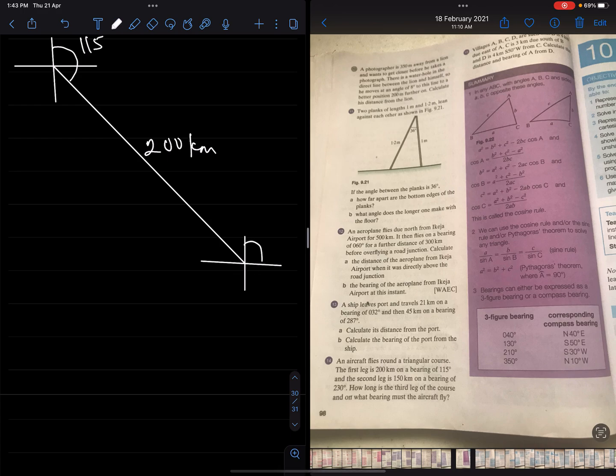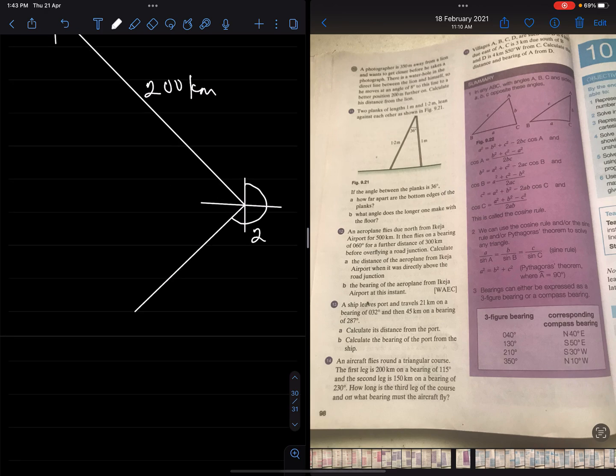We know that the whole of this is 270, so 230 will be somewhere around here. Let's make it 90, 180, 230 will be somewhere around there. And the distance is 150 kilometers. This is 230 degrees.